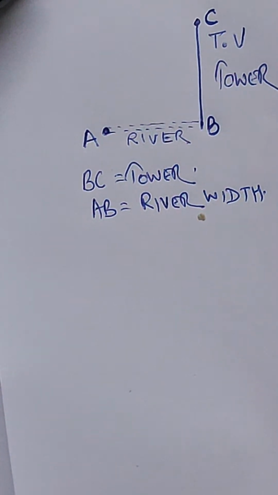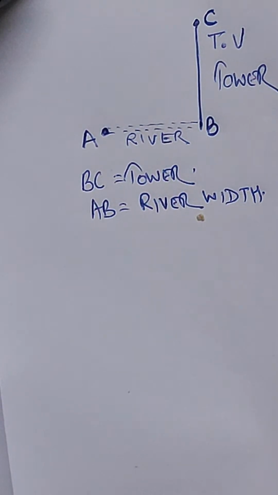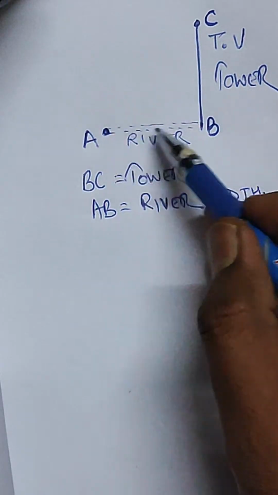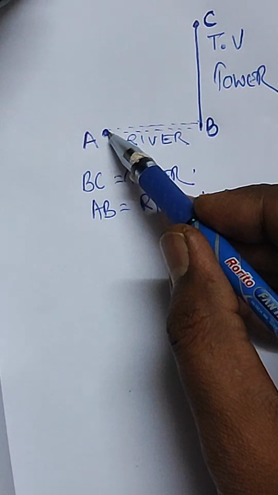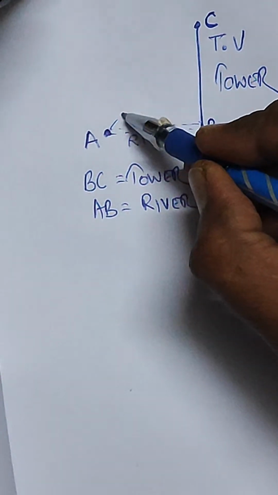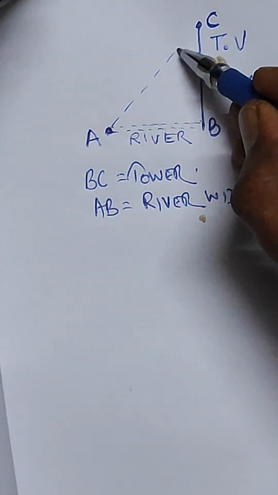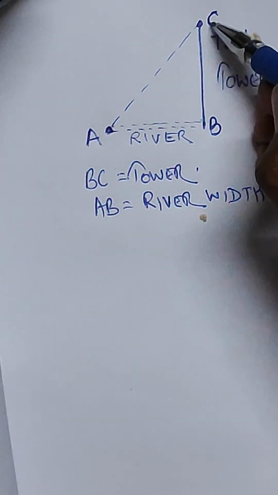Now the question is that the angle of elevation of the top of the tower from this point A, which is opposite to the bank of the river and in the same line of the tower, is 60 degree. So the angle of elevation to the top of the tower is this one, C.